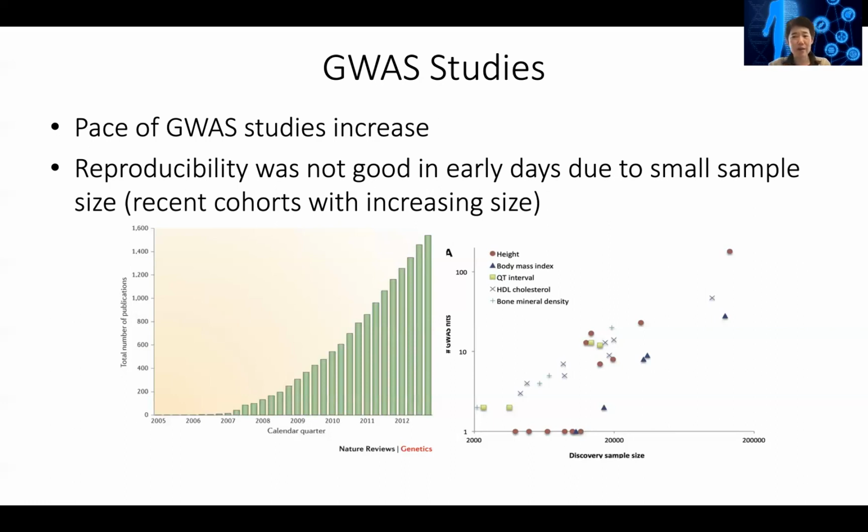If another scientist repeats the same study with another cohort of a few hundred patients, they do the GWAS and see some SNPs, but there could be very low overlap between the two studies. This is mostly because in the early days there were not enough patients.